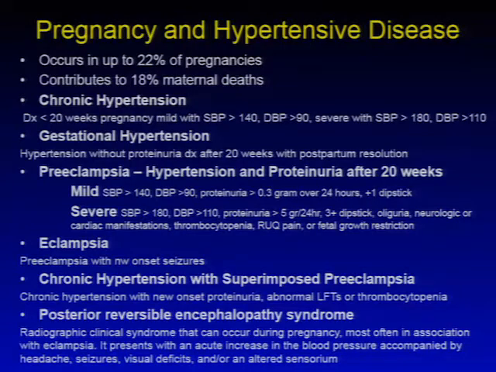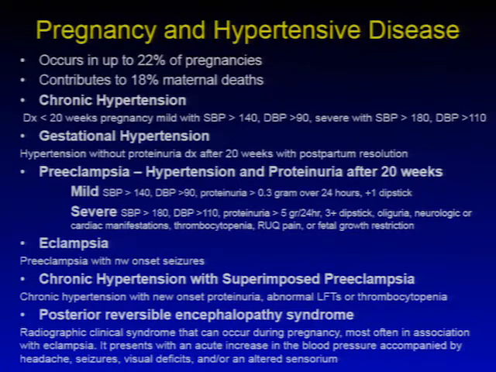The definition of chronic hypertension is that diagnosed prior to pregnancy and is considered mild if the systolic blood pressure is less than 140 and diastolic blood pressure is less than 90, but severe if systolic blood pressure is greater than 180 with a diastolic greater than 110.